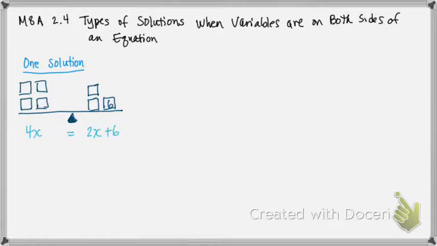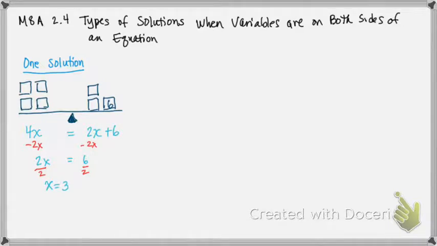So when we solve this, we're going to do inverse operations, and we're going to get all the variables on the left. That would give me 2x equals 6. And we divide by 2, and we get x equals 3.